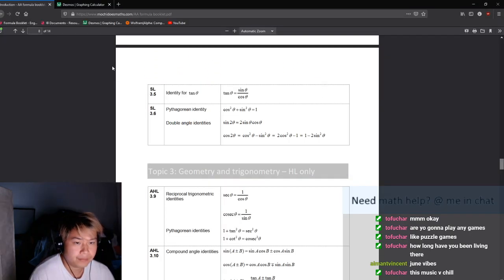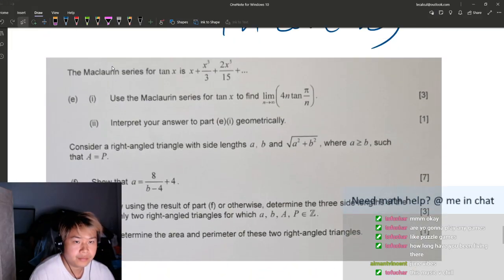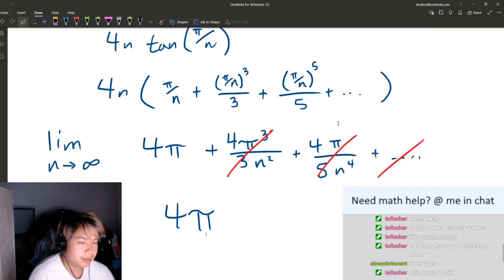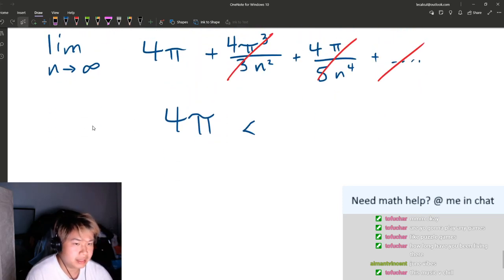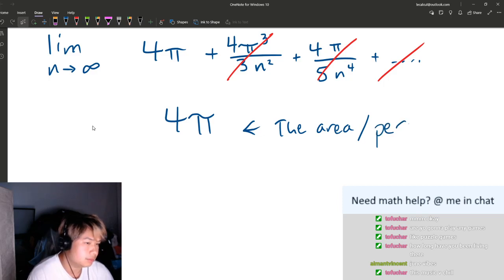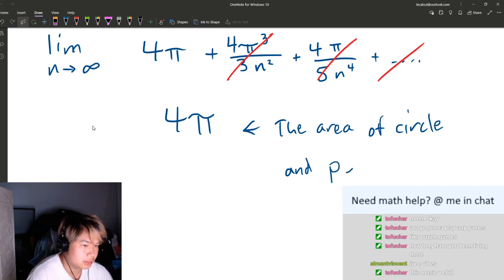Now, interpret this answer geometrically. So if your sides approach infinity, then this is essentially the area over perimeter. Well, it's not called a perimeter anymore. Hopefully you guys see where this is going. This is the area of a circle and the perimeter of a circle.